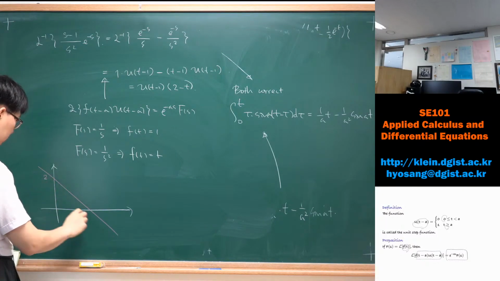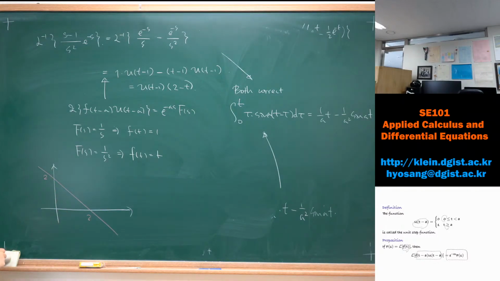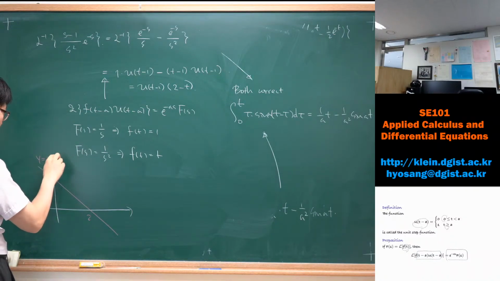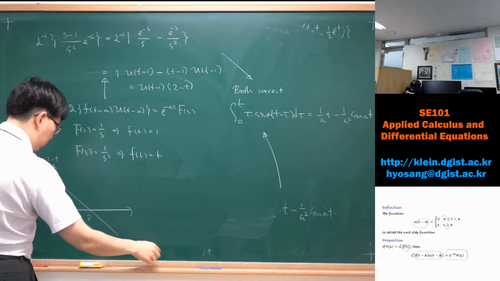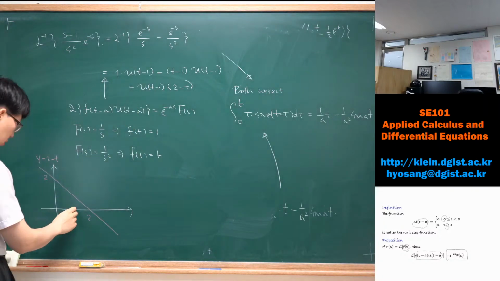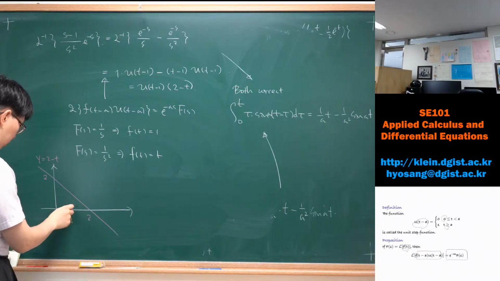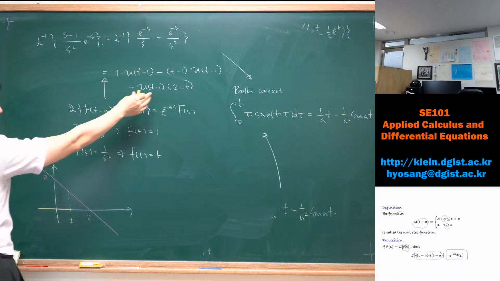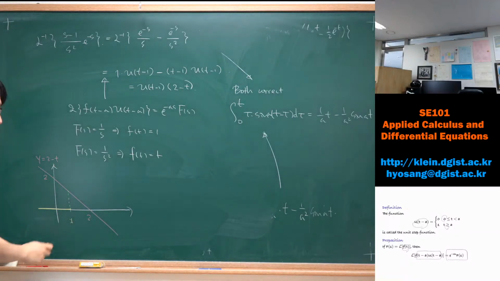So 2 minus t looks like this. You have 2 here, and this is y equals 2 minus t. But the original function is multiplied with u of t minus 1. So when t is less than 1, it's 0. But when t is bigger than 1, it behaves like 2 minus t.